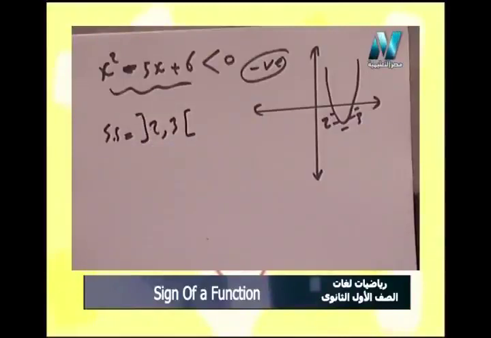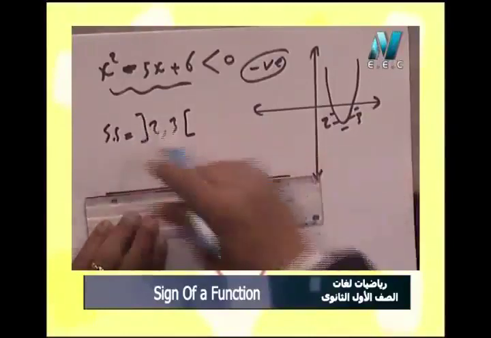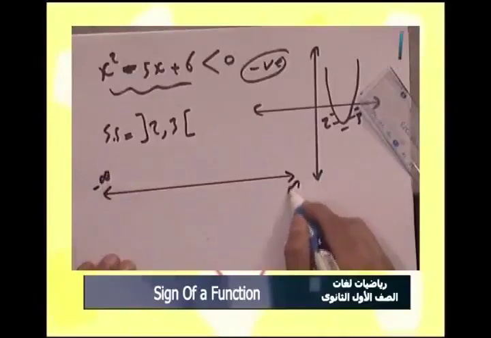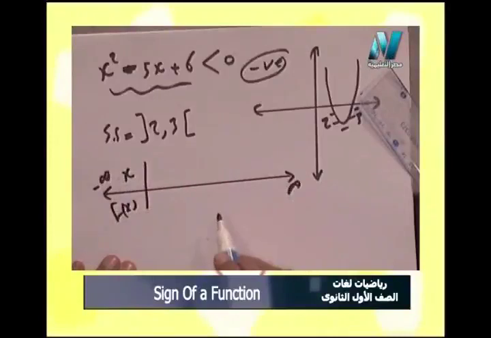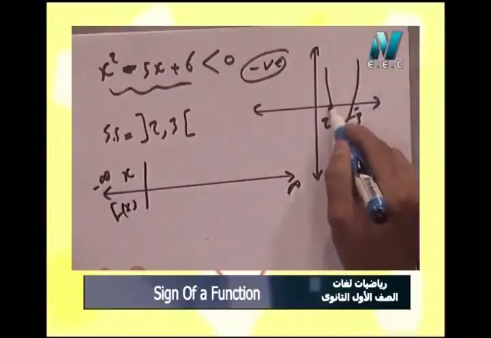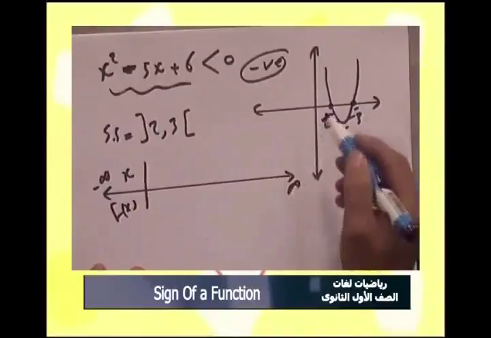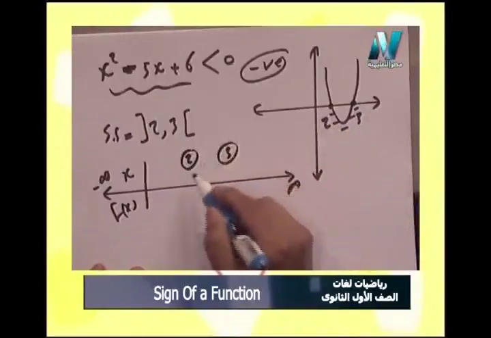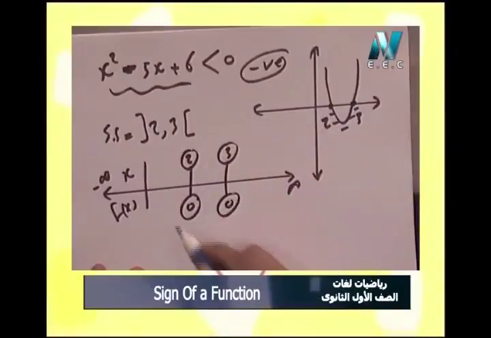And if you would like to discuss the number line here, we draw it like that, from negative infinity to infinity, and we have x and f(x). We know that the function has two roots. The two roots will be 2 and 3. At 2, the function will be 0. At 3, the function will be 0. And this part will be what?